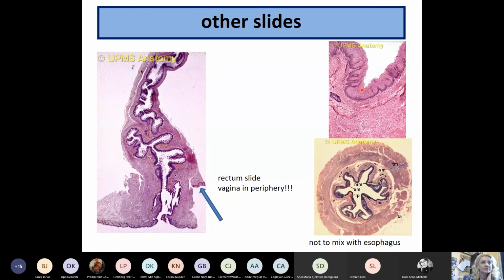So it's really not nice to mix them up, because the epithelium looks the same, but the layers are completely different. The esophagus has the 4 layers typical for the GI tract, has a really clear lamina muscularis mucosae and a very thick inner circular, outer longitudinal muscle layer, so it looks completely different.